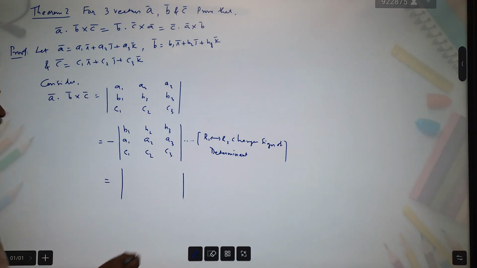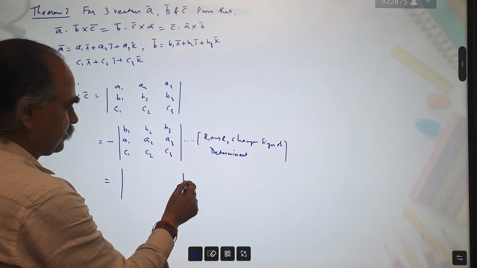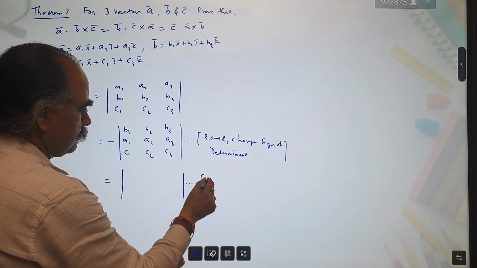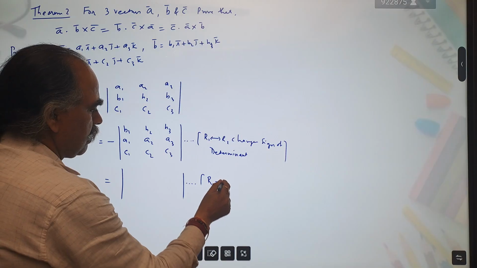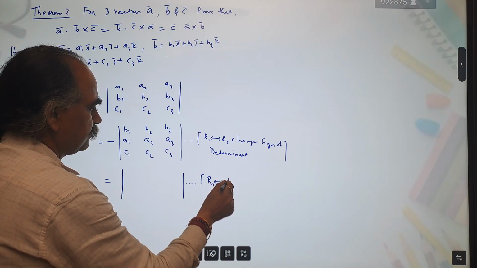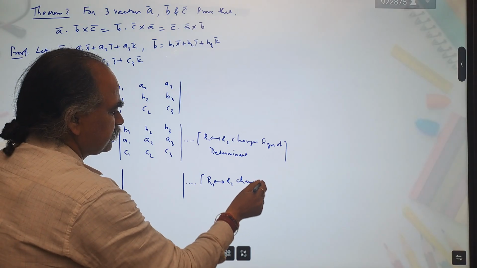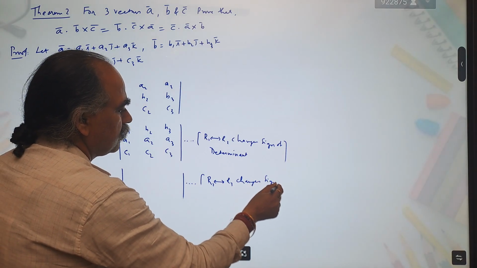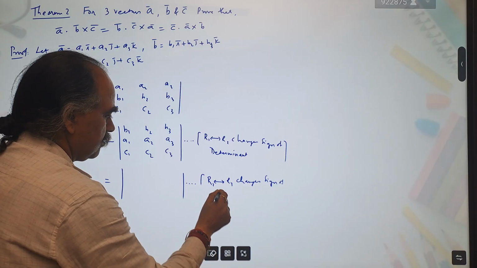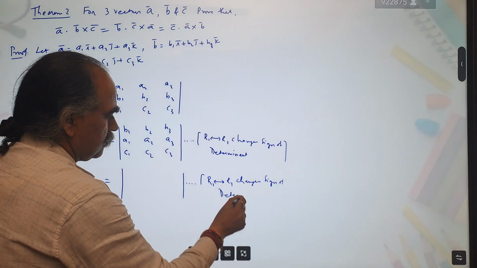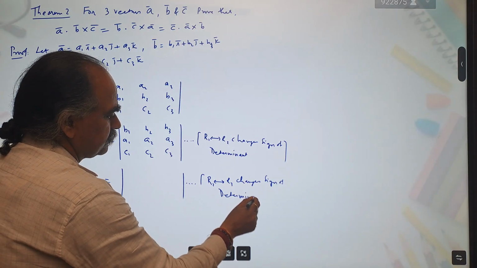Now again we'll interchange R2 and R3. R2 interchange R3 changes sign of determinant.